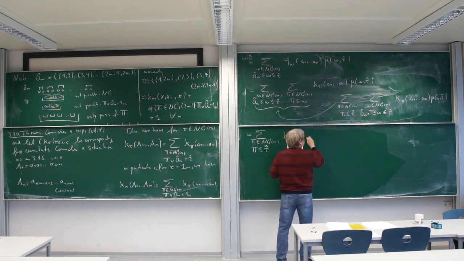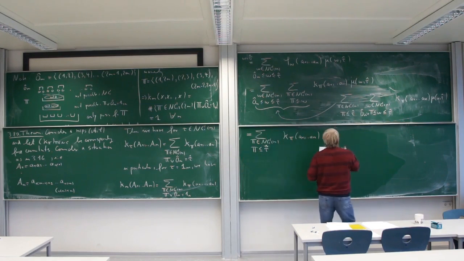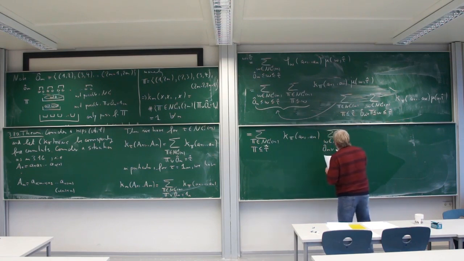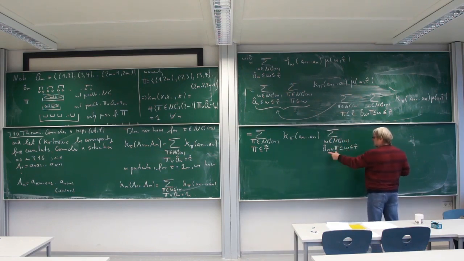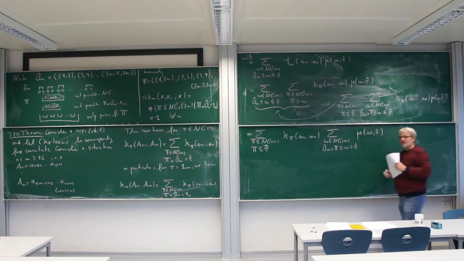So pi is fixed, and for the fixed pi I'm summing over the omegas, omega in NC of n, such that the maximum of 0 m hat and pi is less or equal omega, less or equal tau hat. So I'm summing over omega which are between this and this, and I'm summing just the Möbius function of omega, comma tau hat. Good.